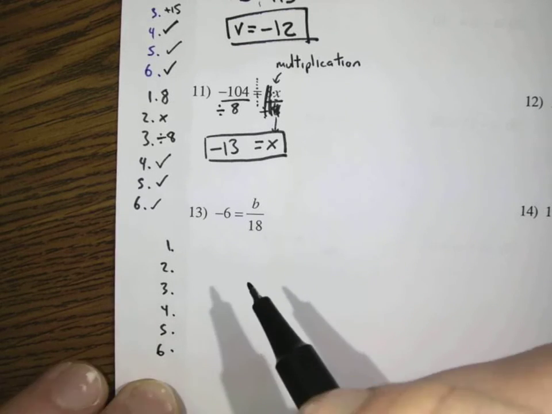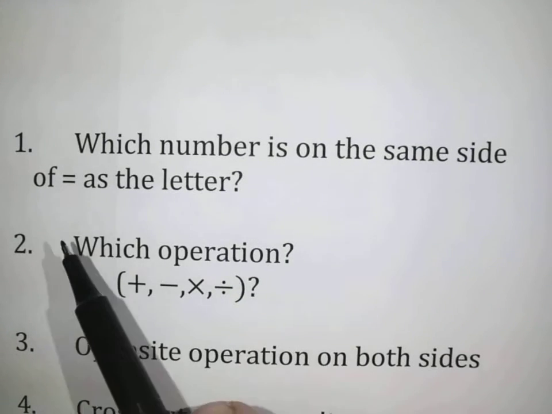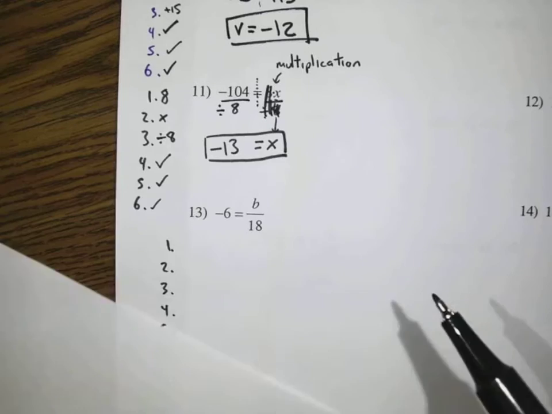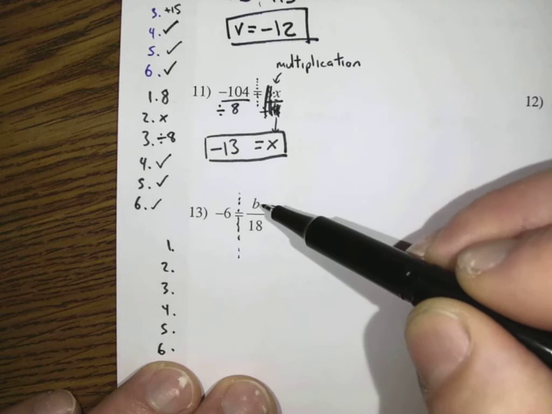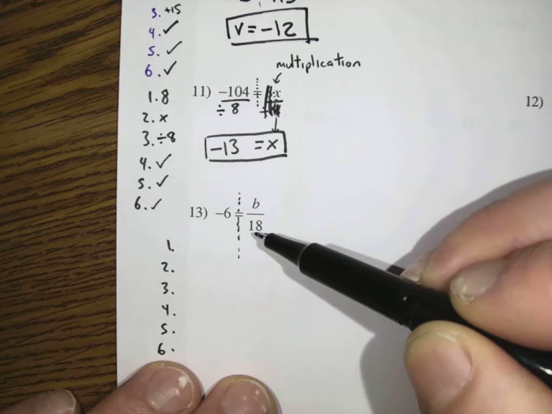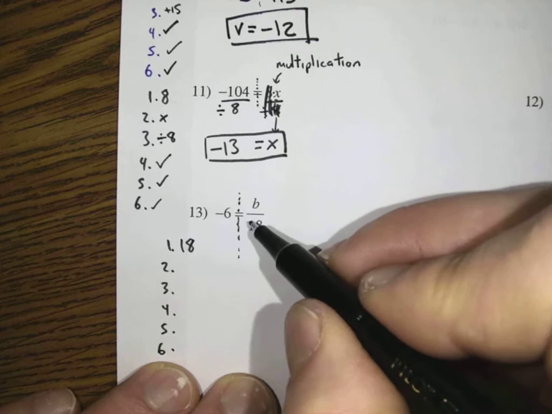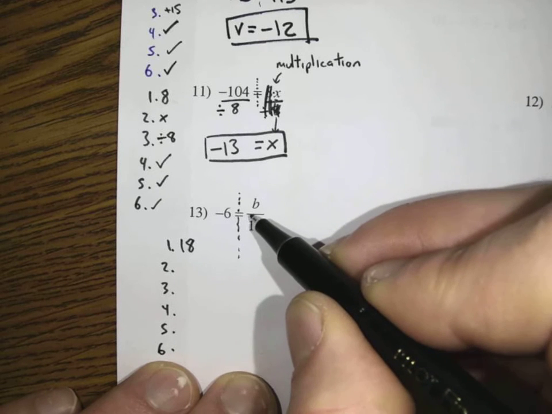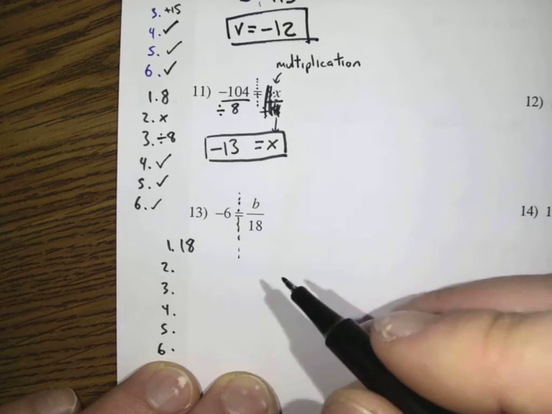Okay, Emil. First question. Which number is on the same side of equals as the letter? So that's my equal sign. Looks like the number on the same side as my letter B is the number 18. And what operation? Well, there's a little line here with the B on top and 18 on the bottom, meaning they're a fraction.